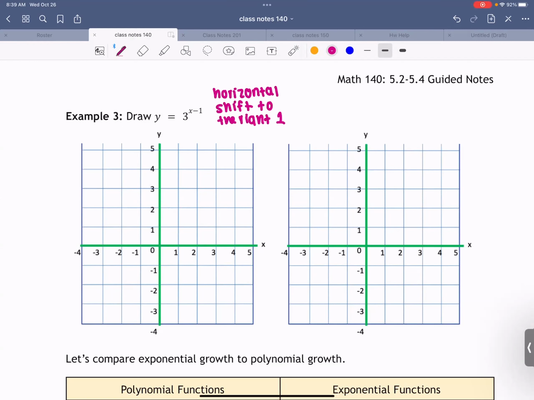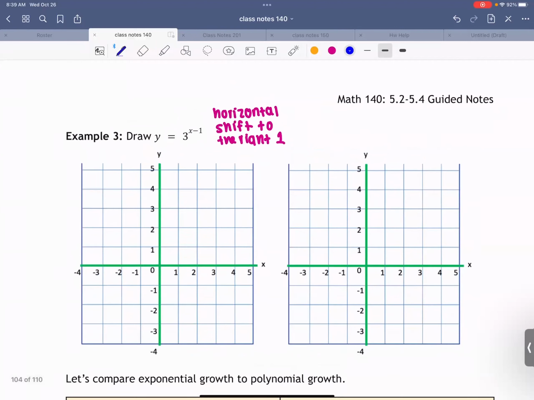To the right 1. Okay. Let me show you what would happen if this was a vertical shift. Okay. So on the side, I'm going to write: this is not the problem. I'm just going to give you a separate equation.